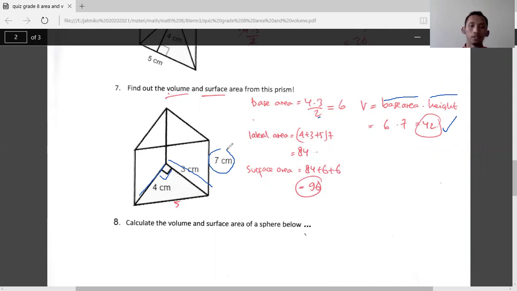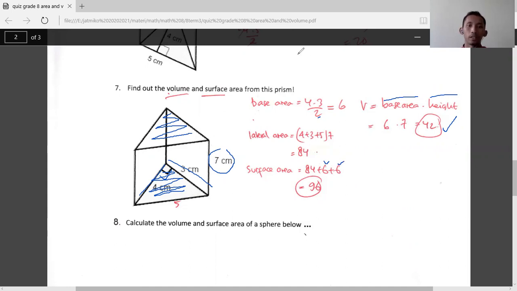Surface area, you need to count all the sides. At least we already found here 6. And then the other side also 6. How about the lateral area?